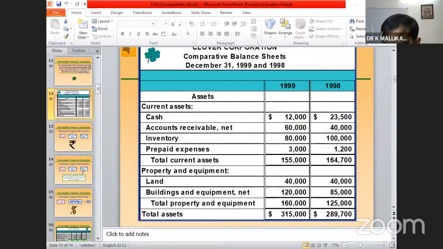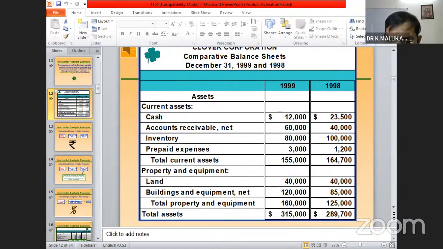The total liabilities are increased 8.7% compared to the previous year. At the same time, total current liabilities increased 40%, and long-term liabilities increased by 11.5%. The total liabilities increased 8.7%.